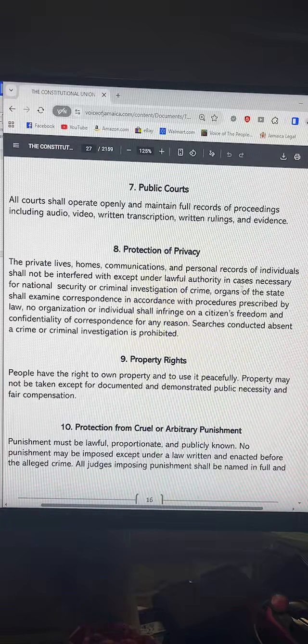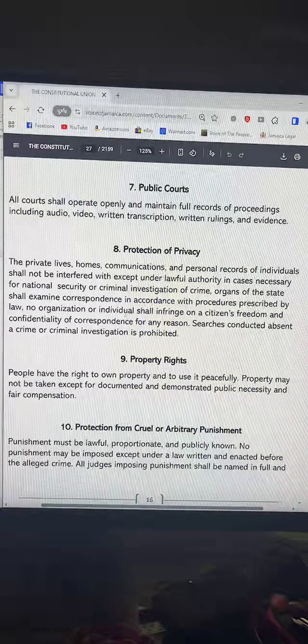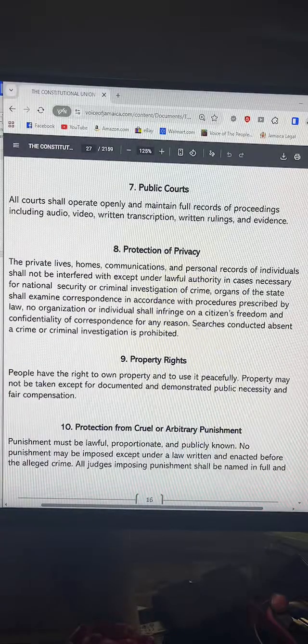Cases necessary for national security or criminal investigation of crime, organs of the state shall examine correspondence in accordance with procedures prescribed by law. No organization or individual shall infringe on a citizen's freedom and confidentiality of correspondence for any reason. Searches conducted absent a crime or criminal investigation is prohibited.